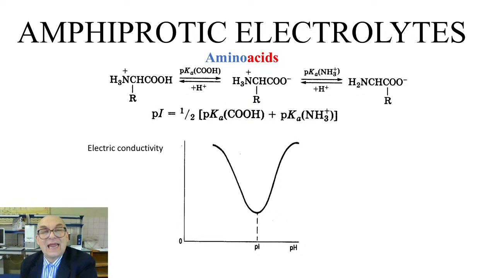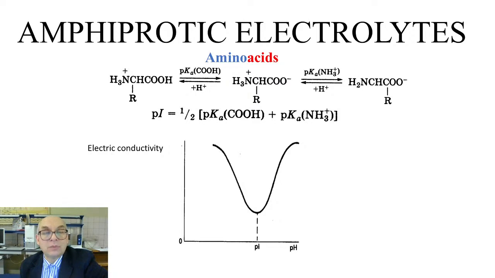And in this case, any amino acid in the aqueous solution has the form of a double ion, which is denoted as Zwitter ion. It is in the center of this slide.